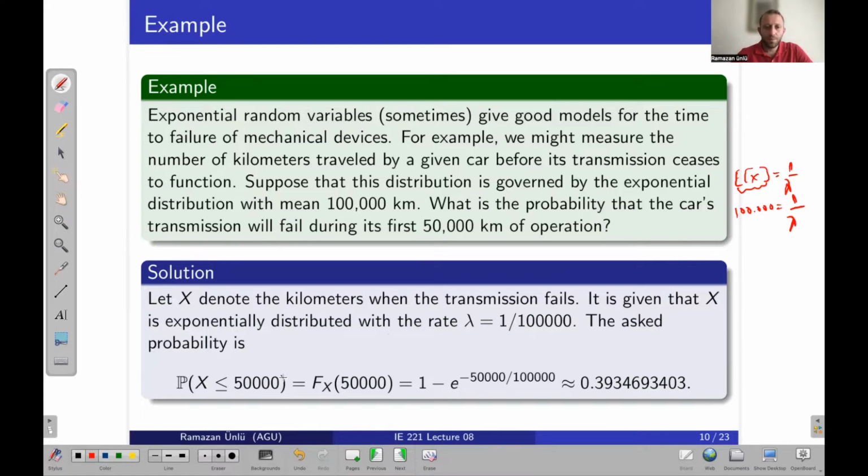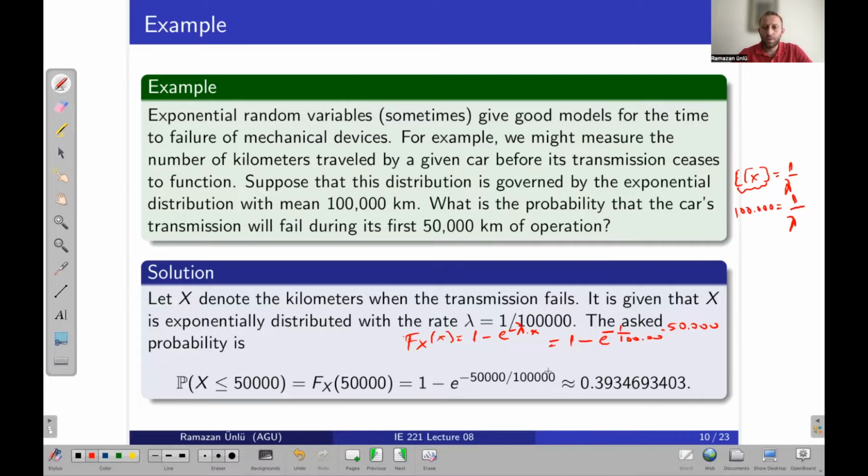And remember that the CDF of the exponential distribution was F(x) equal to 1 minus e to the minus lambda x. So if I put the lambda value into this formulation, that will be 1 minus e to the minus 1 over 100,000 times x, which is 50,000.